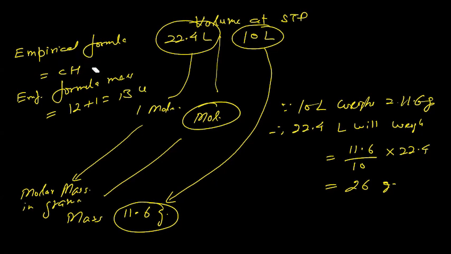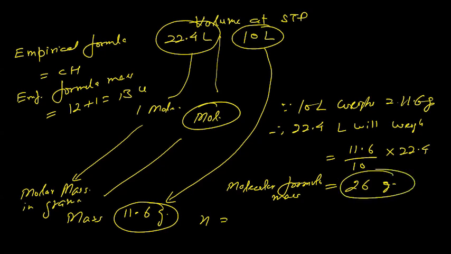And molecular formula mass is 26 because it is molar mass. So the factor n by which you need to multiply the empirical formula to get the molecular formula. So this is the second part, okay? 26 grams per mole is the molar mass. So you got the second part.